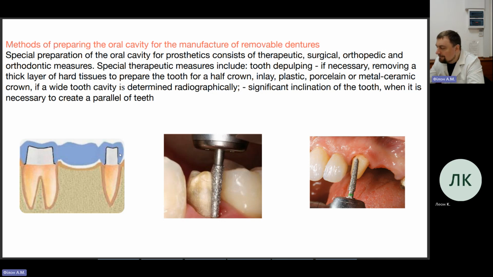As for me, I don't like such things because I prefer to place an implant here and not to touch healthy teeth without any defects, without any carious cavities, problems with the pulp, or any inflammation also.